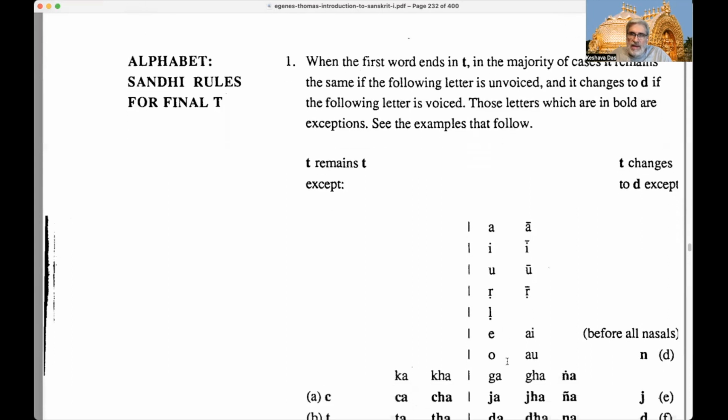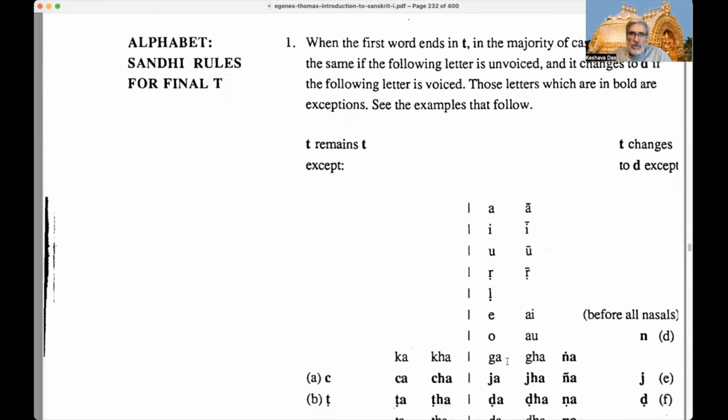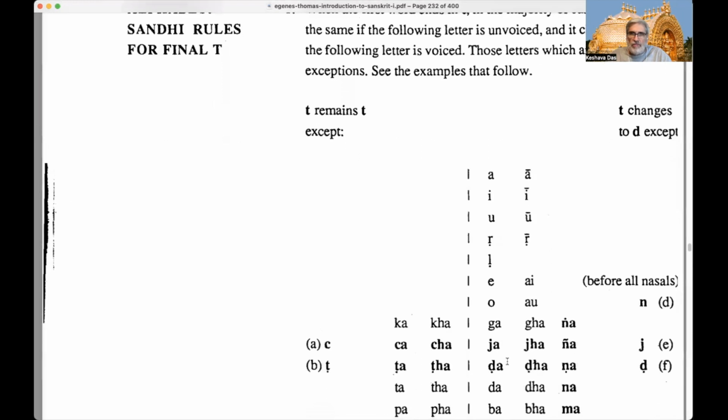So those letters which are in bold are the exceptions. So apparently we're going to look down here and we're going to see some letters are the exceptions. So see the examples that follow. Okay, so dental T remains dental T, except, right? In the next, when we get the vowels beginning the second word, when we get ka kha ga gha, right?